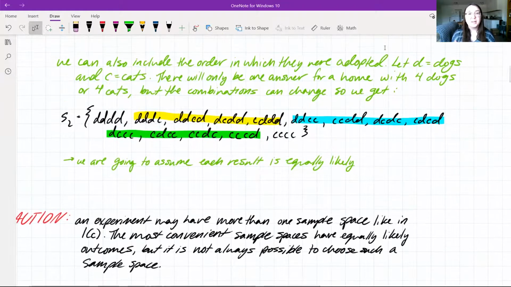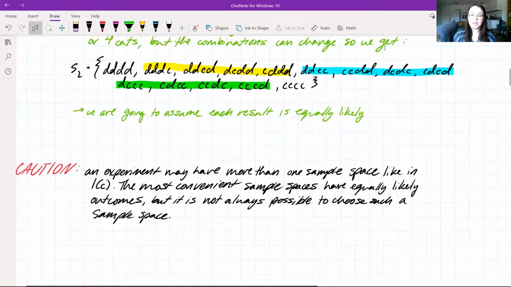So, in certain cases, it will be necessary that not every single outcome is equally likely, but the best sample spaces are when the outcomes are equally likely. So unless stated otherwise, we will assume that they're all equally likely, but it's not always the case. So always pay attention for that.